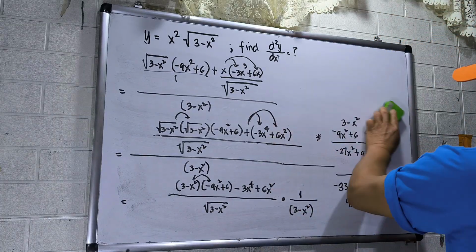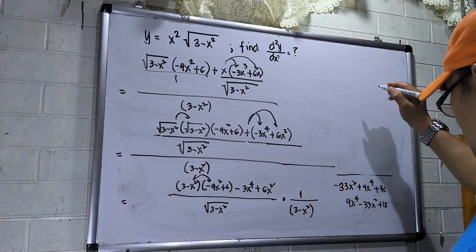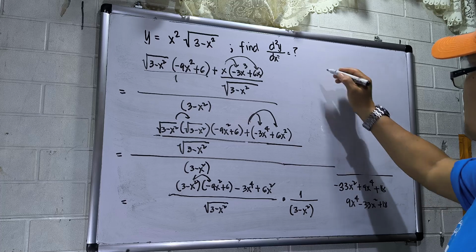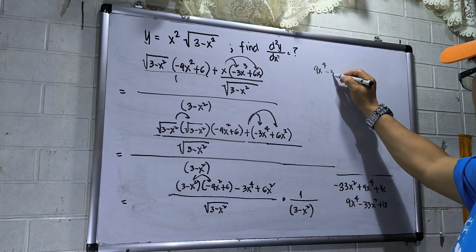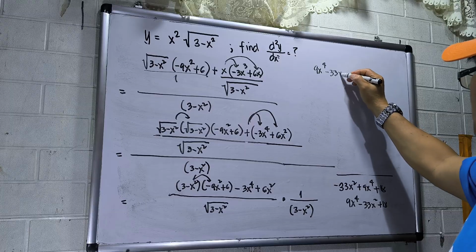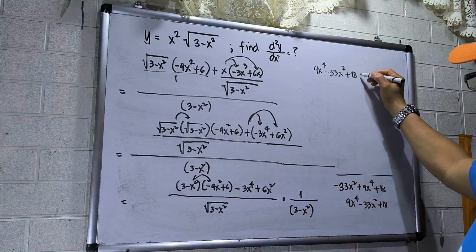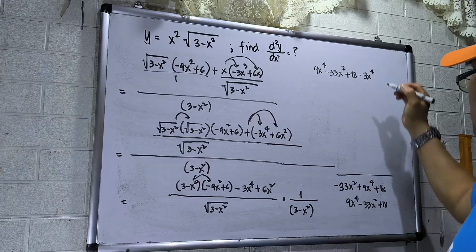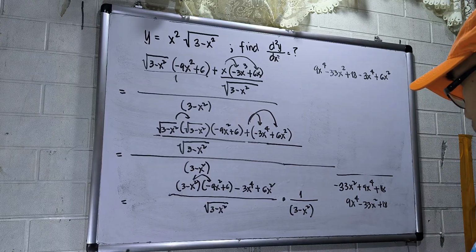So I'll just erase this one. So I have now 9x to the fourth, then minus 33x squared plus 18. Then minus 3x to the fourth, then plus 6x squared.